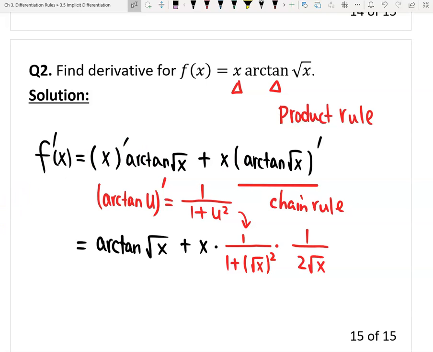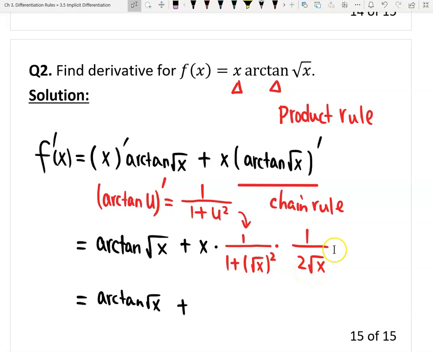Almost right. Now we simplify. So now I will get this. The first terms are the same: arctangent at x, plus. Can you see the second? Square root of x squared is x, so we have 1 plus x. The 2 is on the bottom, but the x is on the top, and square root of x is in the denominator.